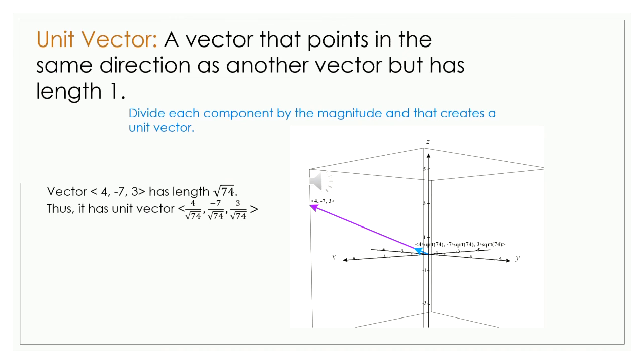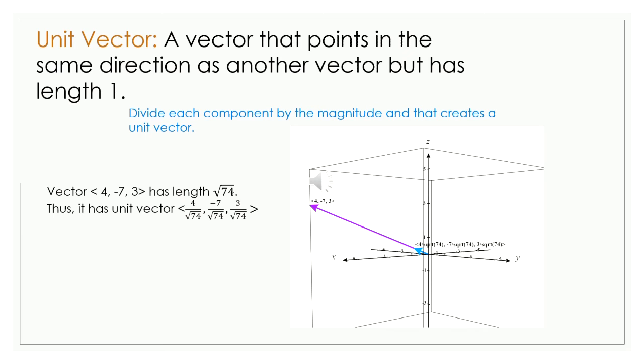Let's first point out that if you take a vector and multiply it by some real number, you get another vector that still points in the same direction. Multiplying a vector by a scalar does not change the direction unless you multiply by a negative scalar, in which case the direction will be exactly 180 degrees opposite.